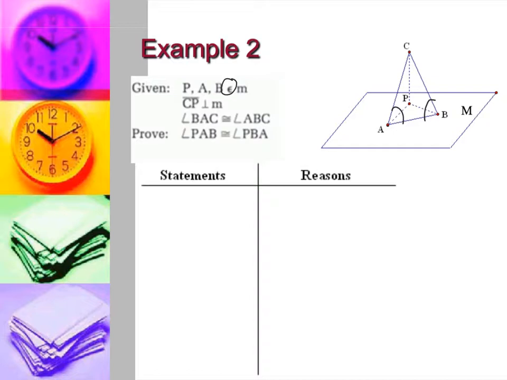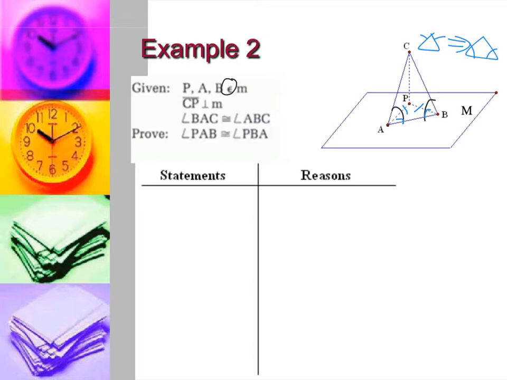Okay, so I need to look ahead in this proof a bit. I want to prove that angle PAB and angle PBA are congruent. Well, in order to get those two angles congruent, I could also get PA and PB congruent and use if sides then angles, right? That's an isosceles triangle down there on that plane.